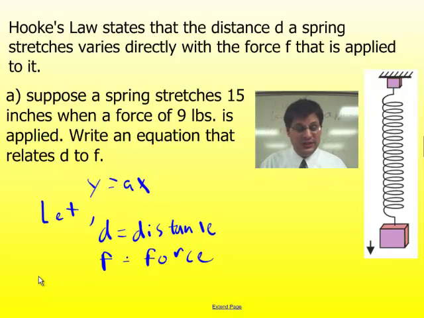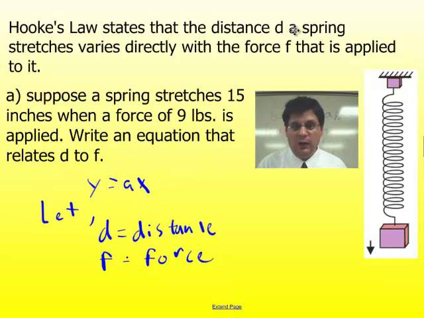The distance of the spring is going to get longer as we put a heavier weight on it, and if it's a lighter weight, it won't go down as far. The distance of the spring does not affect how heavy the weight is. You don't stretch it and then suddenly the weight gets heavier. You put on a heavy weight and that stretches out the spring. So in this case, the distance is dependent, like the y, and F is independent, like the x. X is independent, y is dependent. In this case, F is independent and d is dependent.